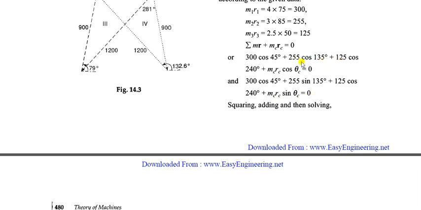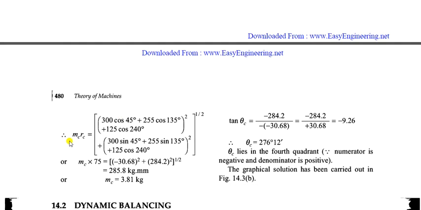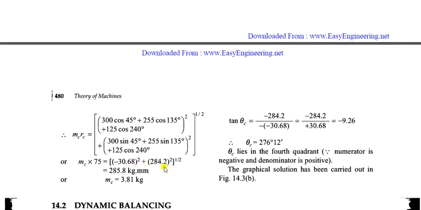Okay, because theta is given and all values you have, so now do square and add. So you will get MC RC this side and directly. If you do all this, you are getting minus 30.68 and 284.